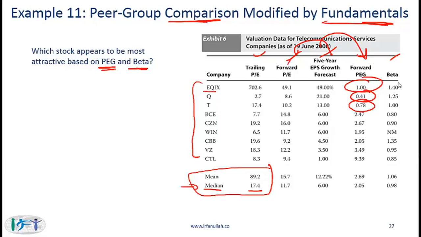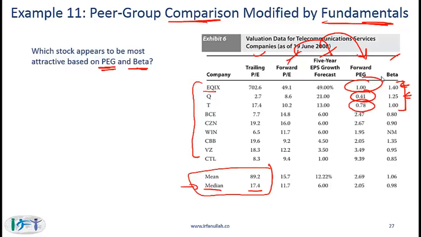But then you should also look at the betas. Is there a fair deviation in the betas? There is. So T has a beta of 1, which is the market average. Q has a relatively higher beta, it's a 25% higher beta, and EQIX has a very high beta.